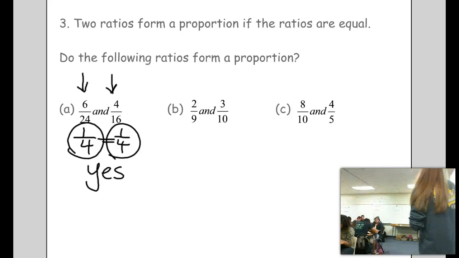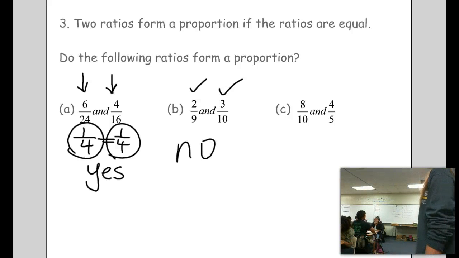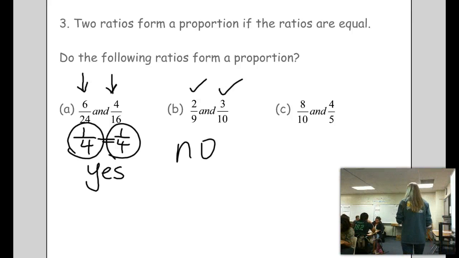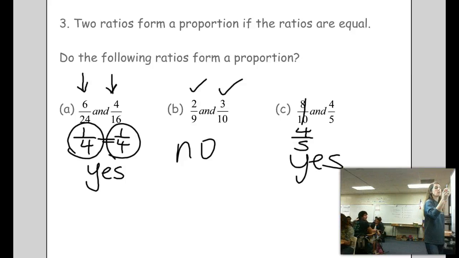What's 3/10 reduced? 3/10. Are those equal? No, so those are not proportional. Last one, John, what's 8/10 reduced? 4/5. What's 4/5 reduced? 4/5. Are those equivalent? Yes. Yes, sir. They are proportional. Moving on.